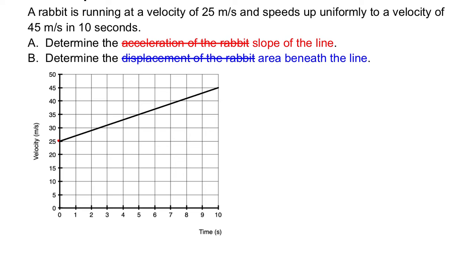So again, using our vocab, now that we do have a completed velocity graph to reference, we're going to use our rise over run method again to find the slope of this line. And this time I'll draw the triangle over here, or the rise and run this way. So we've got a run of 10 seconds. And going from the left point to the right point, we had to do an increase in velocity.